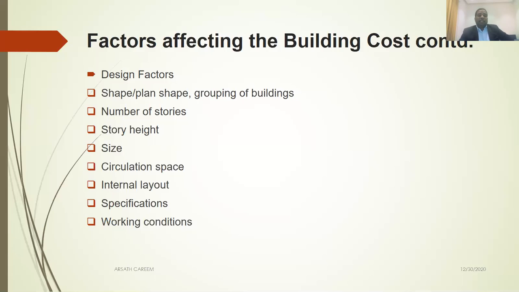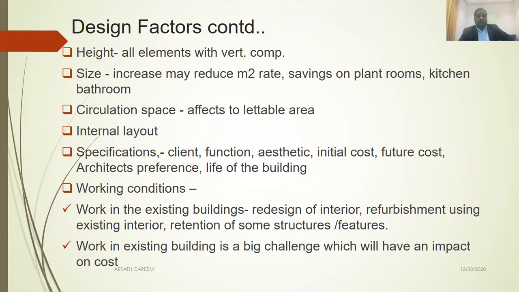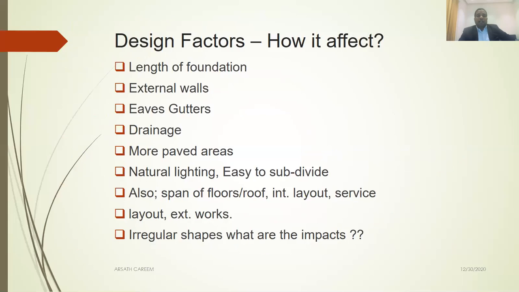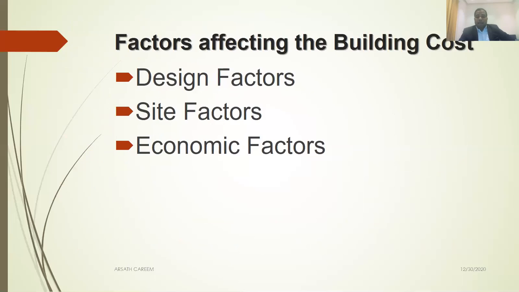Also, definitely the internal layout will affect the cost, and specification and working condition. When you check the working condition, working in an existing building is different from working in a new building. So these are the main design factors which affect the building cost.